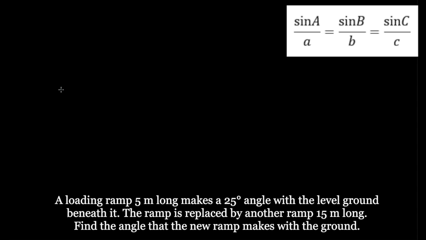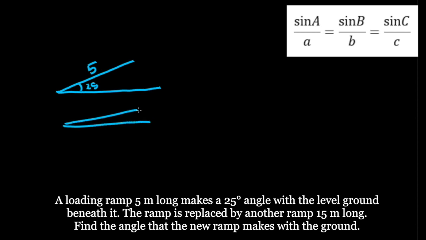So we are told that a loading ramp, which is 5 meters long, makes a 25-degree angle with the level ground beneath it. This ramp here is replaced with another ramp, which is 15 meters long. We are asked to find the angle that the new ramp makes with the ground.